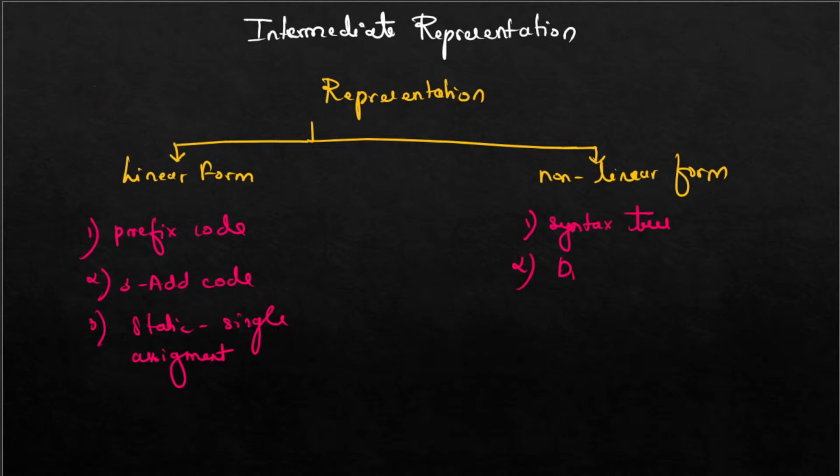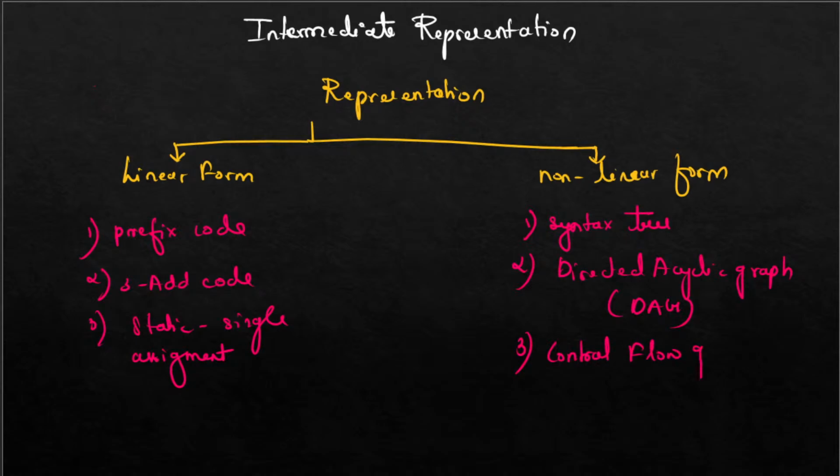Second is directed acyclic graph, which is also called the very famous DAG. Third is control flow graph.